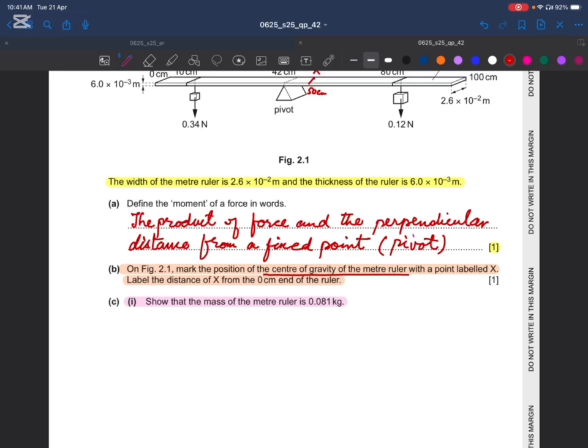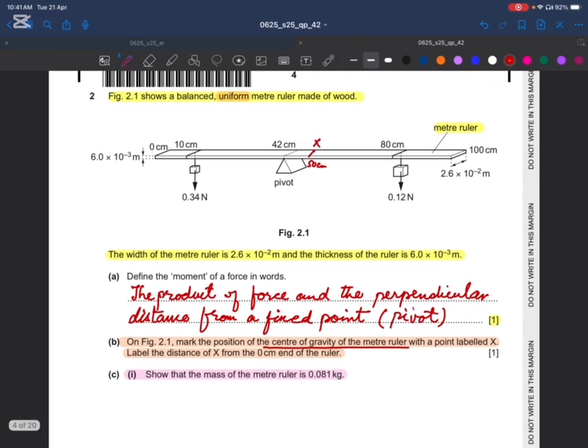So what you can say is, as far as this weight is concerned, this weight is trying to rotate the body anti-clockwise. Be careful. And this weight is trying to rotate the body clockwise.